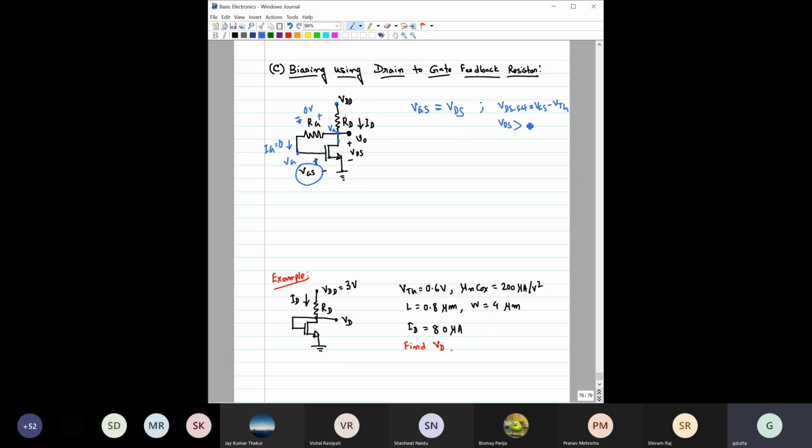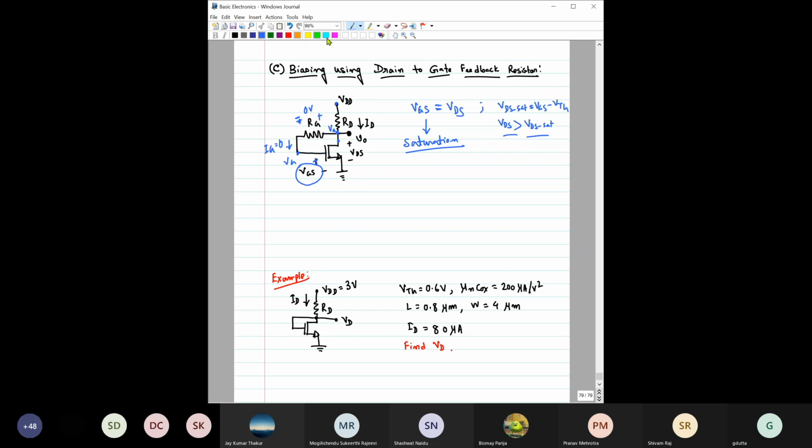It is quite clear that for this configuration VDS would always be greater than VDS sat, because VDS equals VGS and VDS sat equals VGS minus threshold voltage. So obviously VDS is greater than VDS sat. That means in this case the transistor would always be in the saturation region. You can close your eyes and say the transistor is operating in saturation.